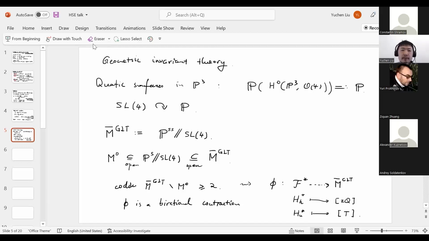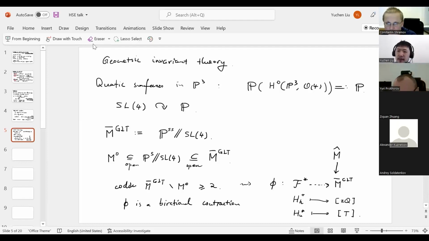So once you say that this is a contraction, does it mean that it's a regular map? So it is a contraction on an open set of HH and HU. So if you blow up, okay, so here's the thing. If you blow up these 2 points, then you get a model called M hat.